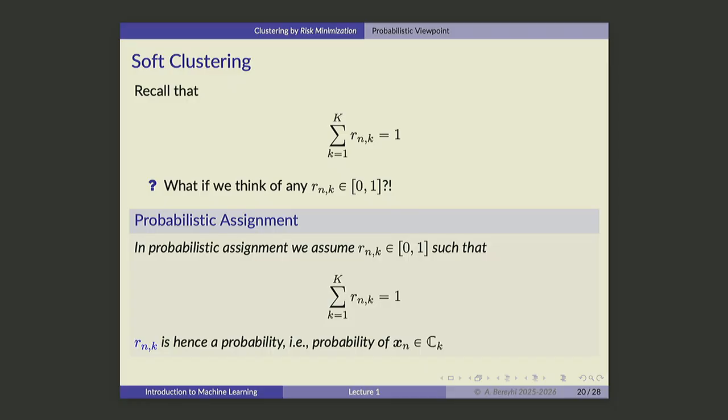So that is Rn1. Everybody's clear? What is the chance that xn belongs to cluster 2? This is Rn2, right?